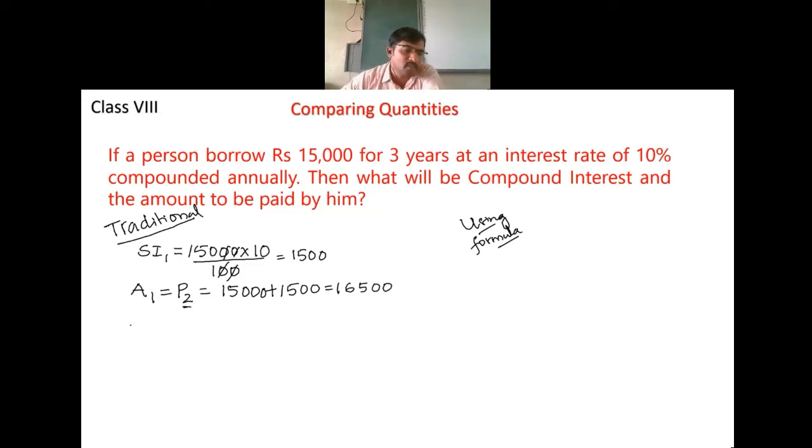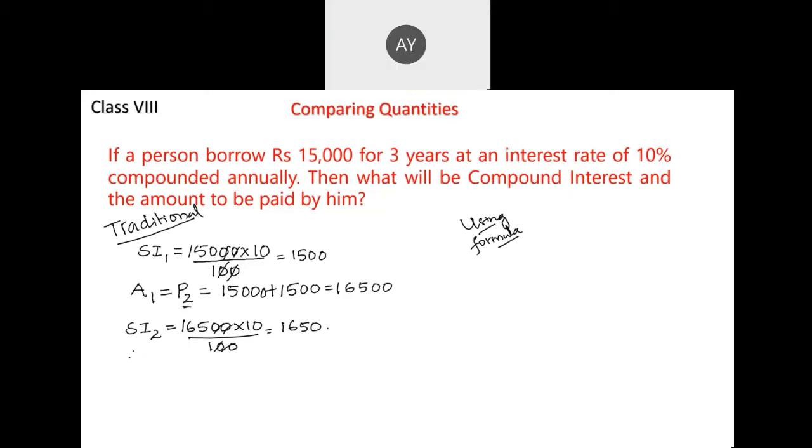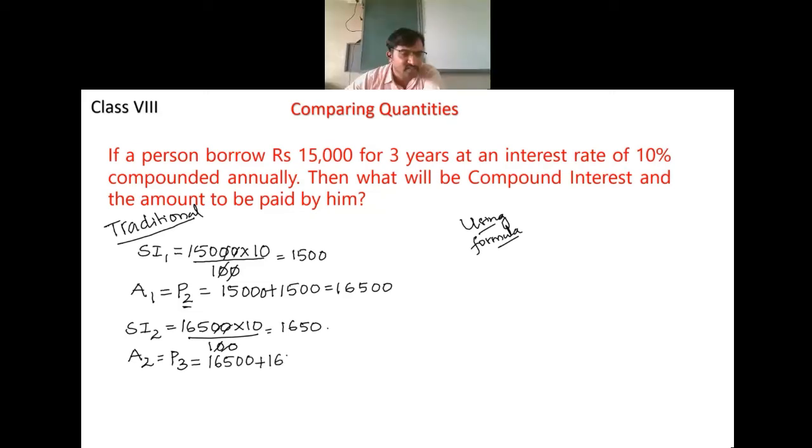This particular principal we have to take in calculating simple interest for the second year. 16,500 into 10 divided by 100 is 1,650. The amount at the end of the second year is the principal for the third year. This will be equal to 16,500 added with 1,650.